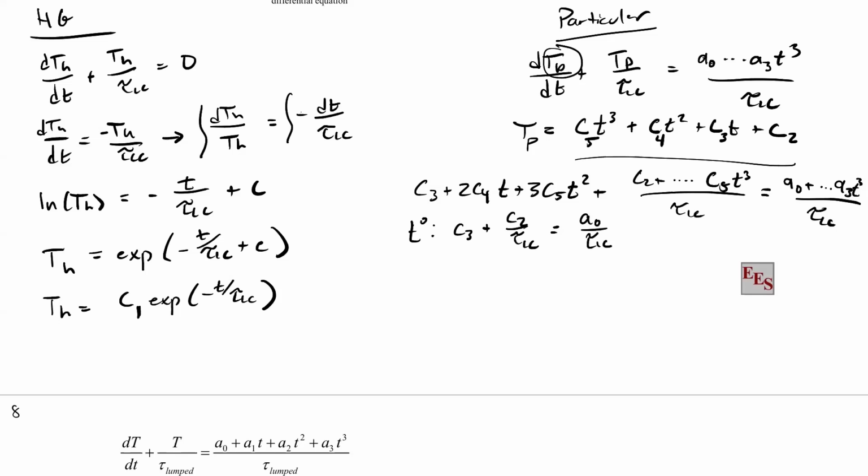You can do the same thing for the first order, which is 2C4 times t plus C3 t over tau lumped is equal to A1 times t over tau lumped. We can do the same thing. I'm running out of time. Same thing for the second and the third. Then we have a system of equations that we can solve for these unknown constants.